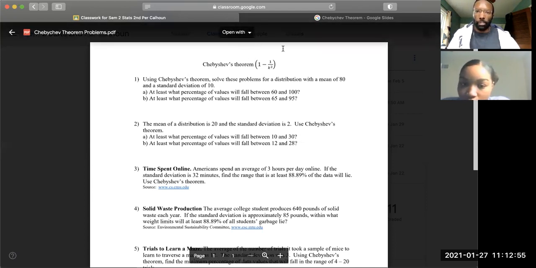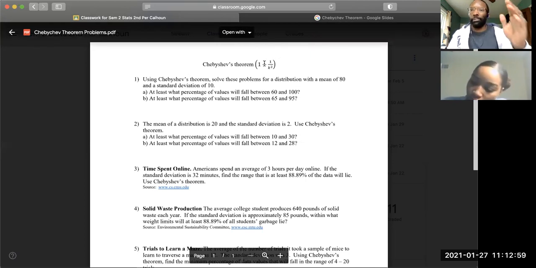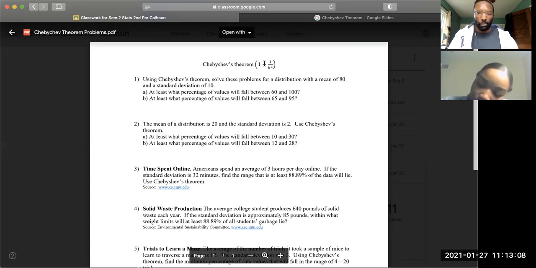And to get the percentage, now you're going to plug it into that formula, 1 minus 1 divided by 2 squared. So that's 1 minus 1/4, right? Yep. And then that would be 3/4. So then that means 75% would fall between 60 and 100. You got it.